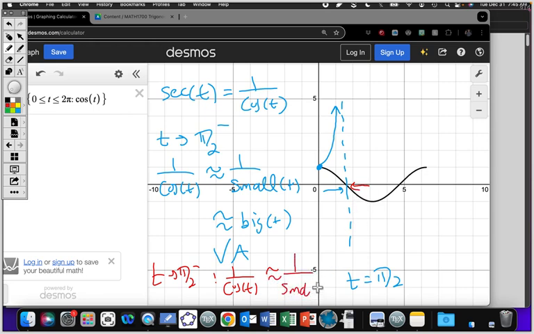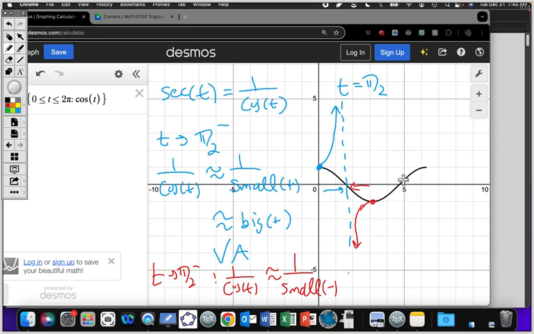So once again, small here means small in absolute value, all right, but they'll have a negative attached to it, and that's going to propel things down to minus infinity. I'm going to relabel this vertical asymptote up here. We're going to have 1 over negative 1, which is negative 1.